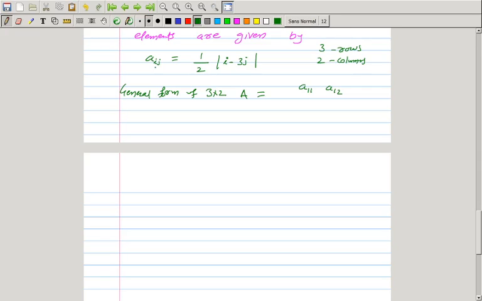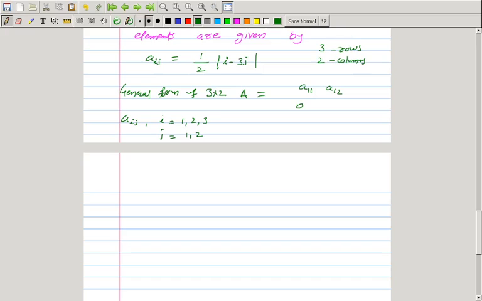So each element is represented by Aij, where I can take values 1, 2, 3, and j can take values from 1 to 2, right? Because the number of columns is 2 and the number of rows is 3. So first row, first element, first row, second element. Next we'll write the elements of the second row.